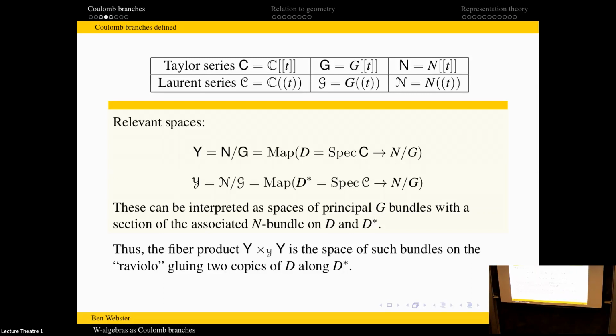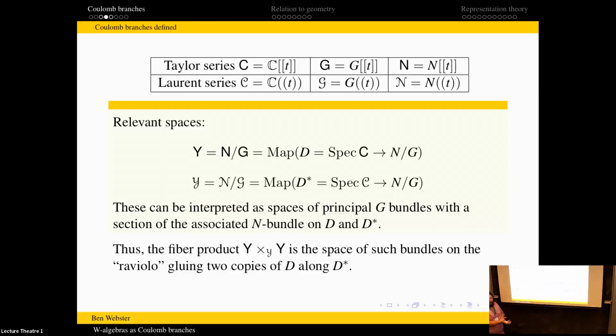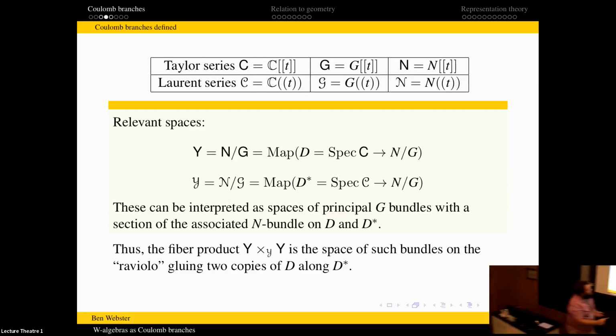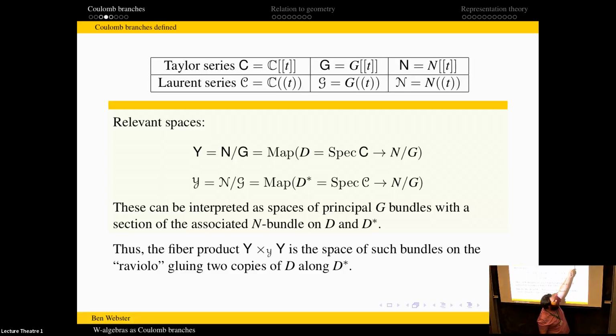Now that sounds very fancy, but what does that mean? That means, well, on the disk or the punctured disk, I choose a trivialization of my bundle. And so the sections of the trivial bundle on the disk are Taylor series in N. The sections of the associated N bundle on the punctured disk are Laurent series in N.